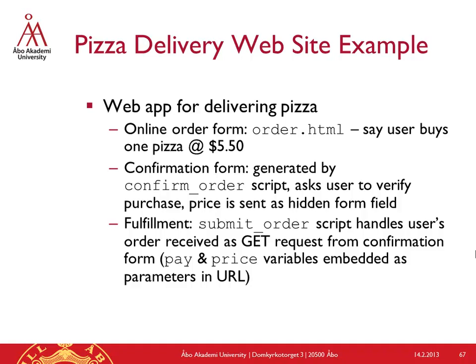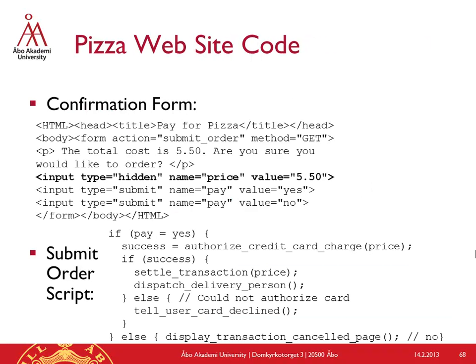This form calculates the price and submits to the server part of the application the price of the order, and we have to charge the credit card of this user to make an order. How was this implemented? For example, we have a hidden field for the price inside of a form, and this hidden field is submitted to the server inside of this form.